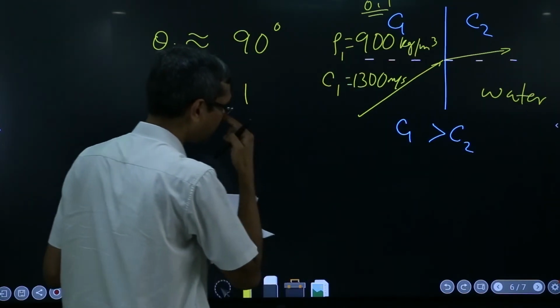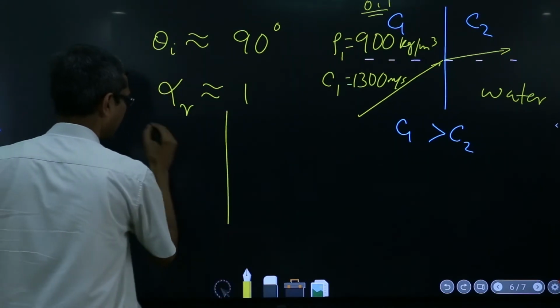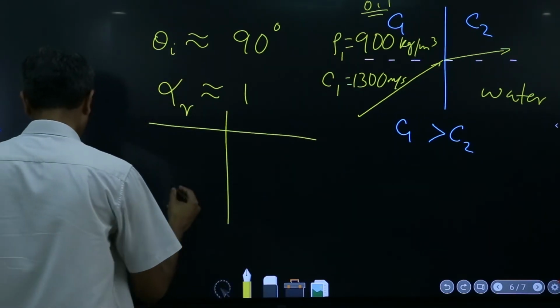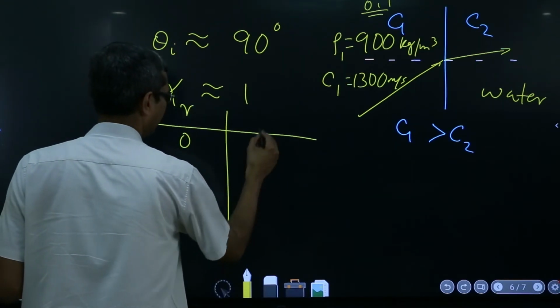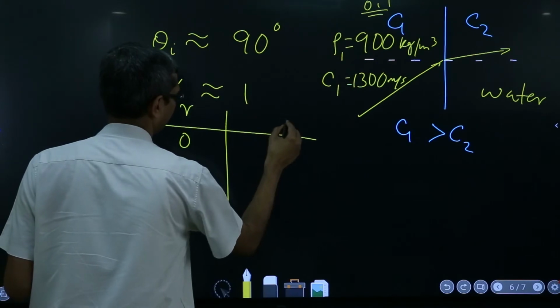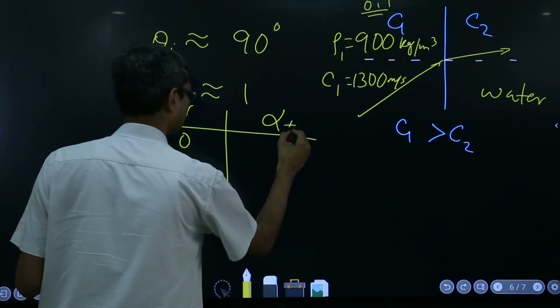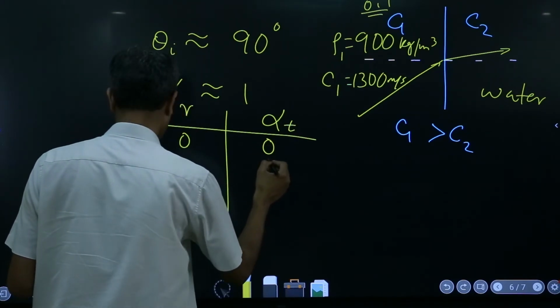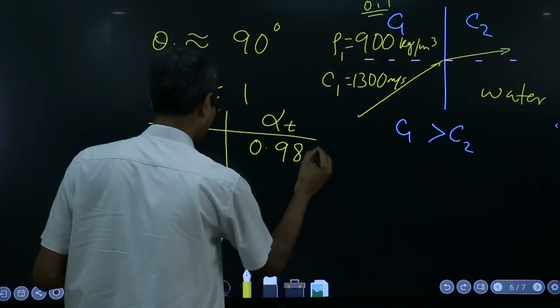For that it has given a table. It shows that when theta is 0, alpha t should be very high, 0.986 or something.